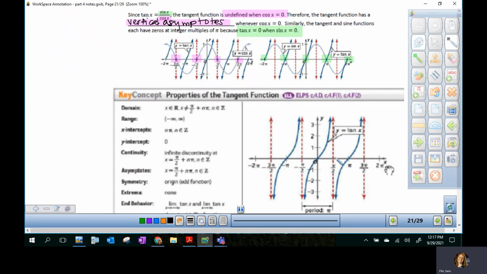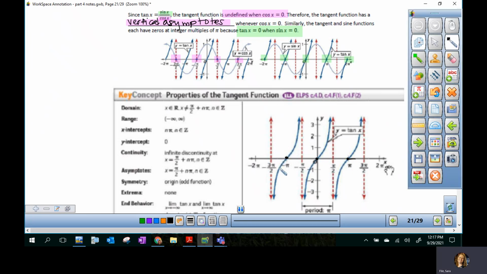So those asymptotes are at the same place as the secant function's asymptotes, aren't they? Because when cosine was 0, secant was undefined. And again, when cosine is 0, tangent is undefined. So tangent and secant have the same asymptotes. Does that make sense? Now, the values for sine being 0, those points exist. Those are your x-intercepts of these curves.